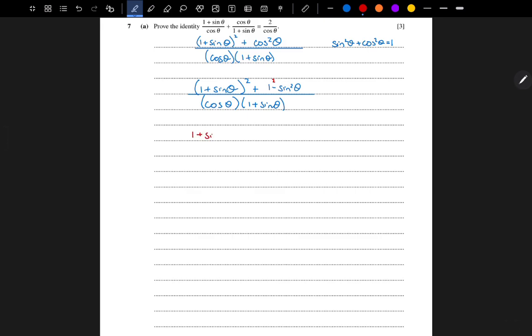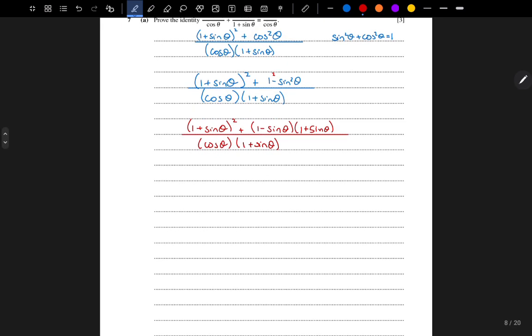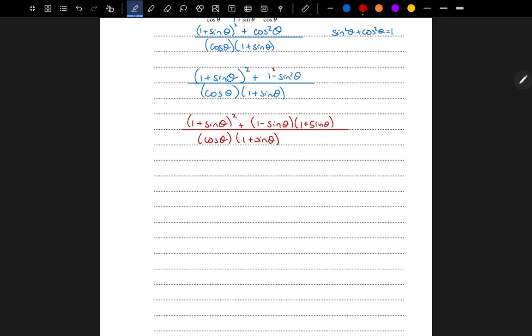1 plus sine theta to the whole square plus 1 minus sine theta, 1 plus sine theta upon cos theta into 1 plus sine theta. Now we can see that 1 plus sine theta and 1 plus sine theta are on both sides of the term, so we can just take it out as a common factor.